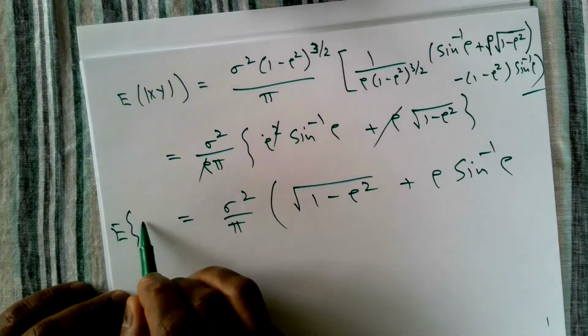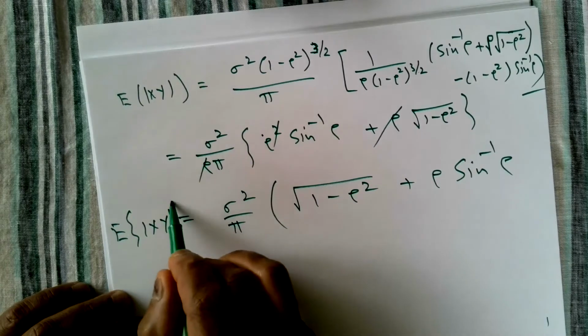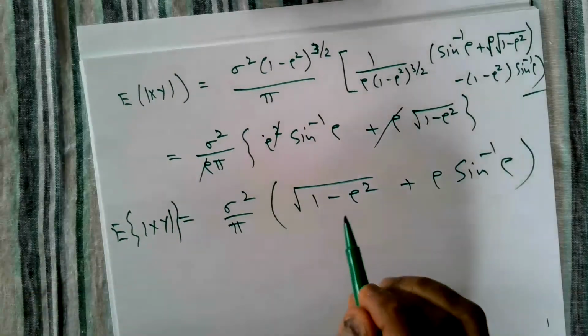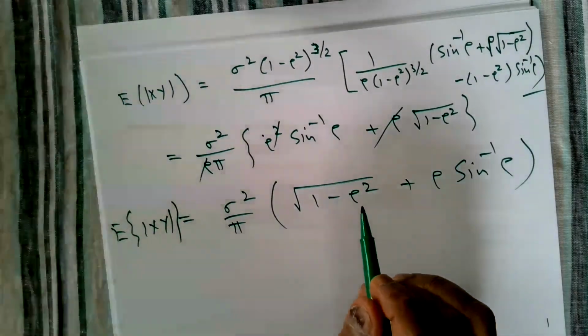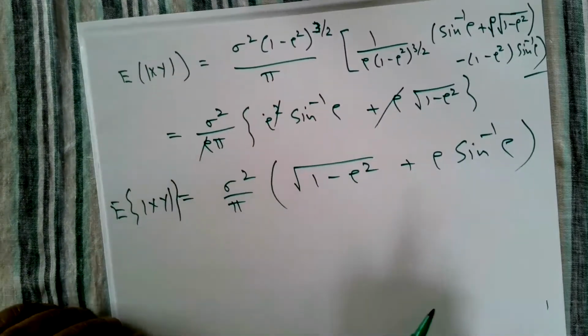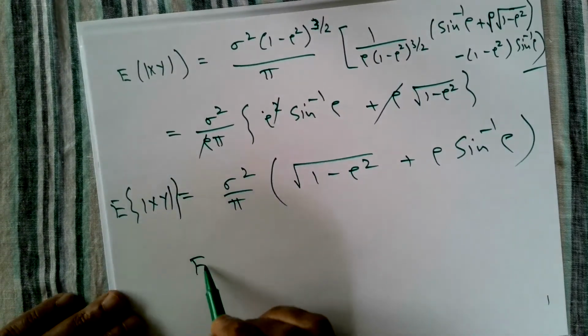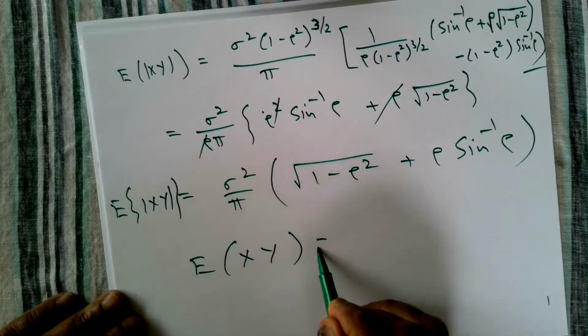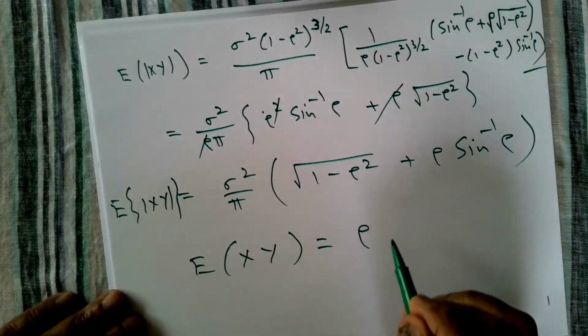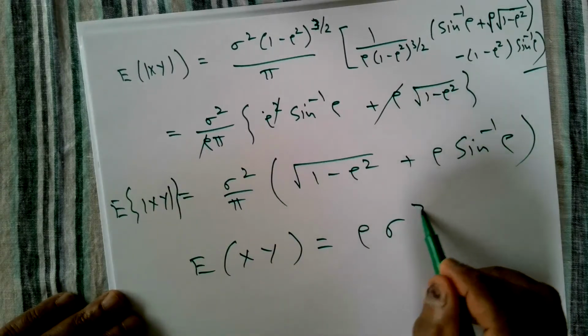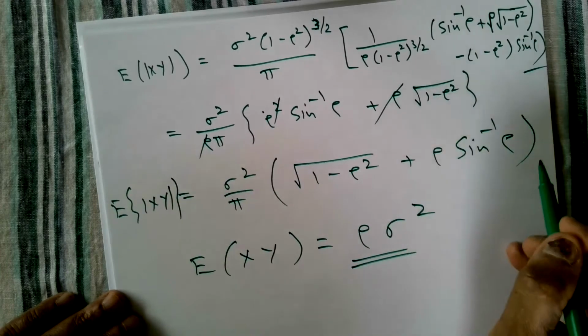This is expected value of the absolute value of xy, compared to expected value of xy, which is a breeze, simply rho sigma x sigma y, which is just this.